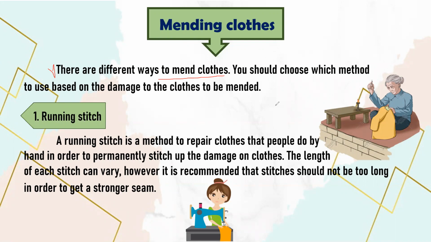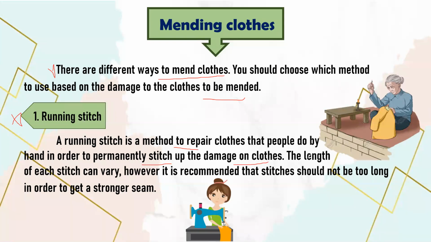So it will be based on the damage to the clothes to be mended. Okay, students? So the first way here, number one, we have running stitch. A running stitch is a method to repair clothes that people do by hand in order to permanently stitch up the damage on clothes.